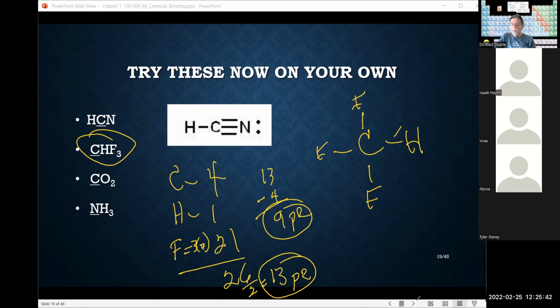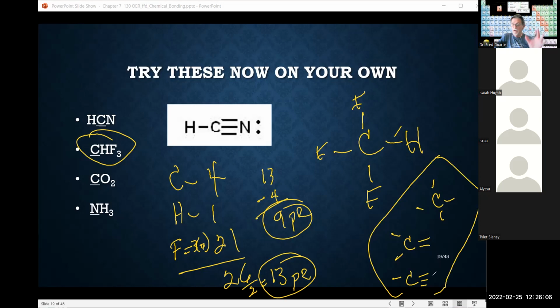We look at the carbon. Carbon has 4 bonds. Now remember, carbon can have a combination of 4 single bonds like shown, or it can have a combination of a double bond and 2 single bonds, or a single bond and a triple bond. But there's no more than 4 pairs around it.